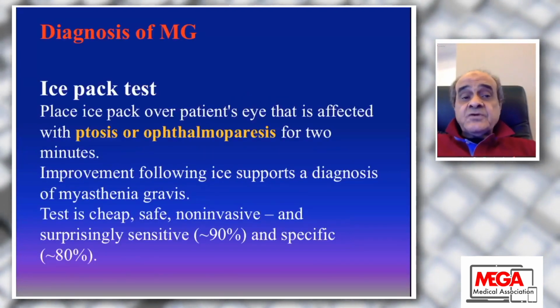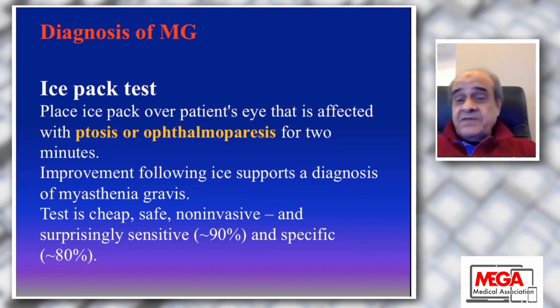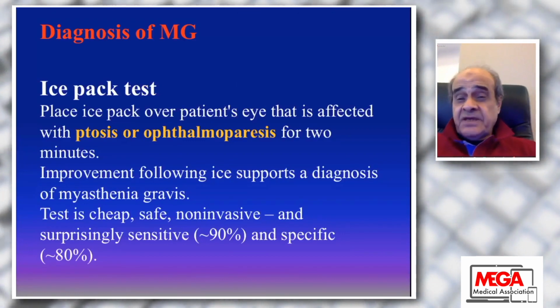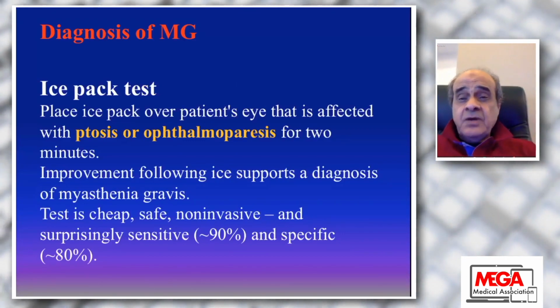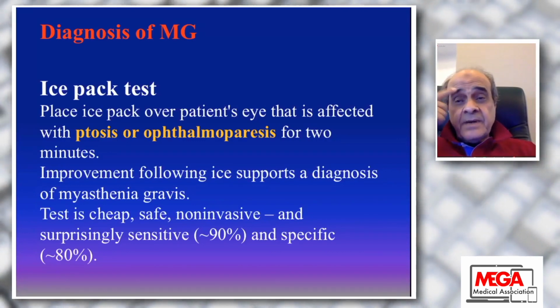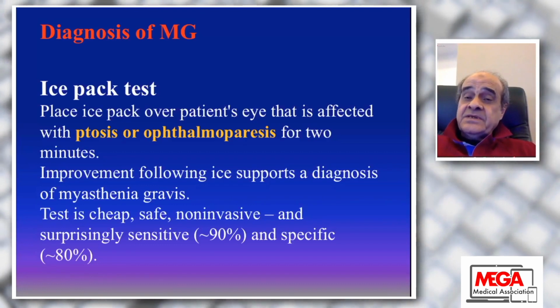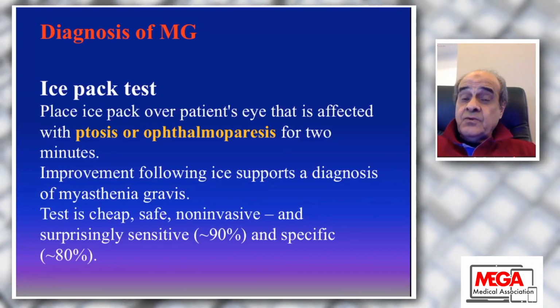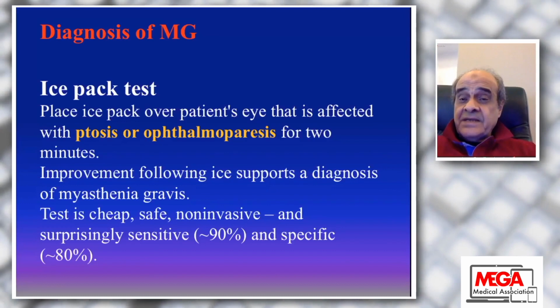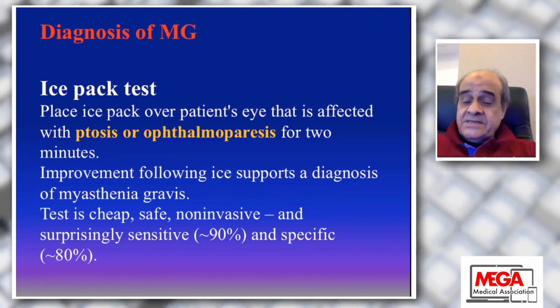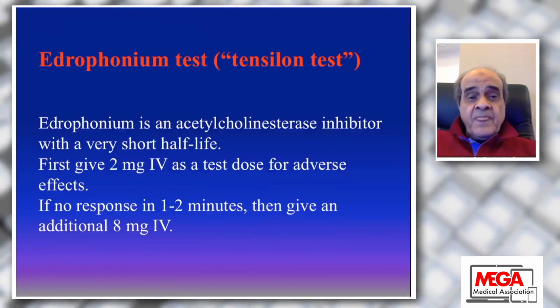Also the ice pack test is very important and very simple and carries high sensitivity and high specificity. You just put ice on the upper eyelid to potentiate the action of the receptors, and the patient starts to strengthen the muscle, starts to raise his legs, and becomes improved.